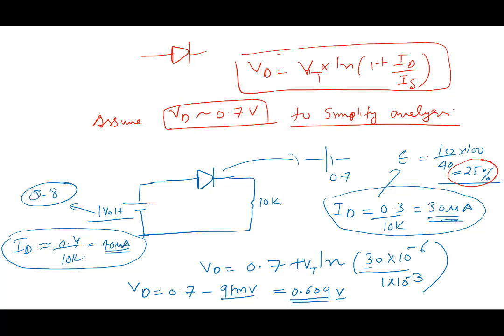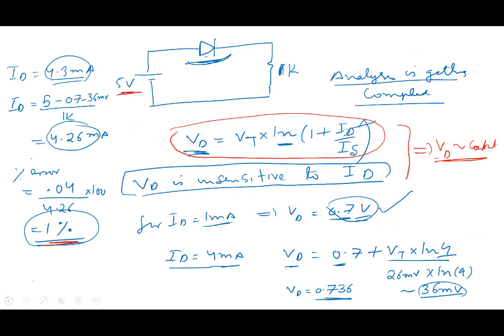In one case you could use the 0.7 volt model, and in the other case you cannot. How do we define where I can use 0.7 volt and where I cannot? How do I decide that?